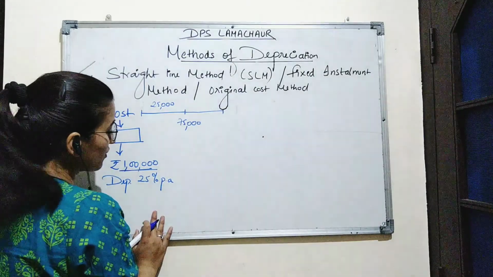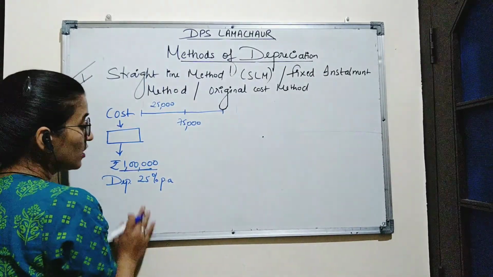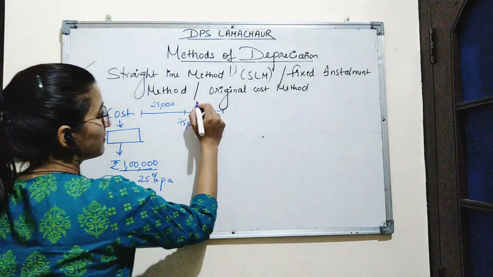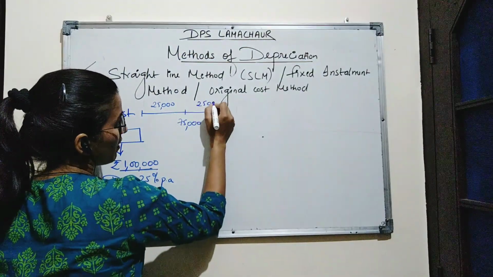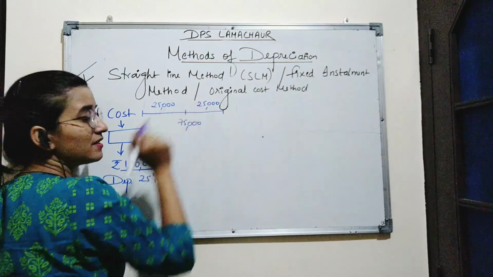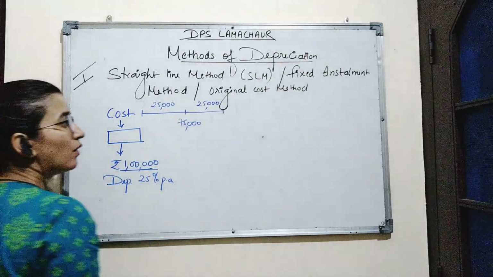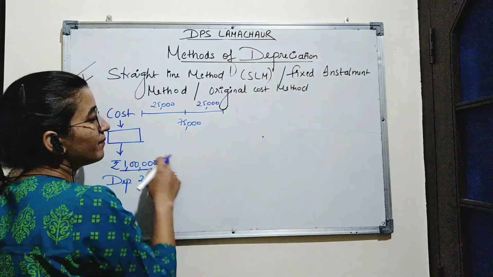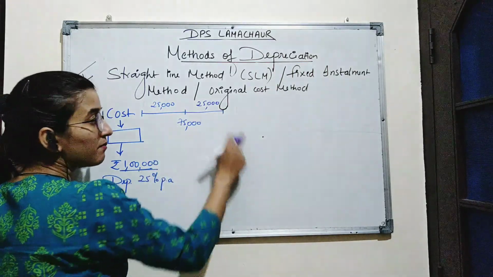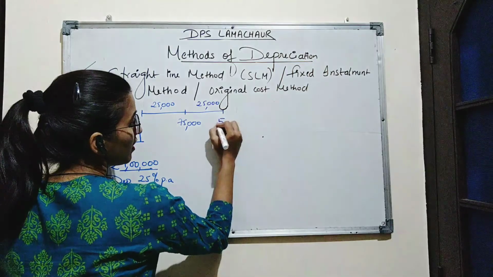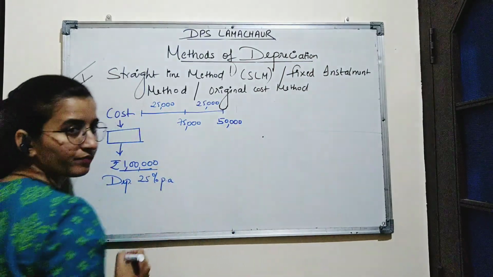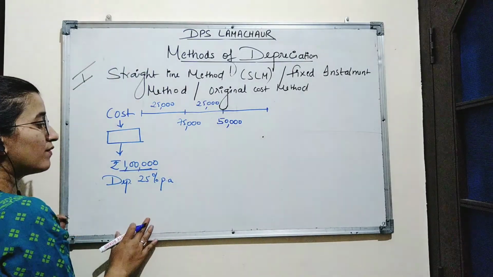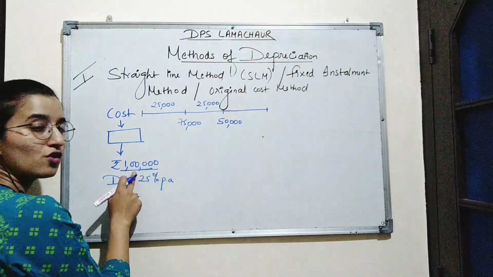So in the second year also, we will find out 25% of 1 lakh, which is rupees 25,000. That means the second year depreciation amount will also remain same, that is 25,000. Now the value of asset remaining at the end of second year will be 75,000 minus 25,000, which is 50,000. Moving on to the third year. Again in the third year, we will calculate depreciation on original cost.